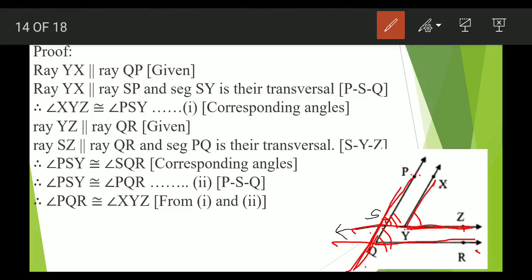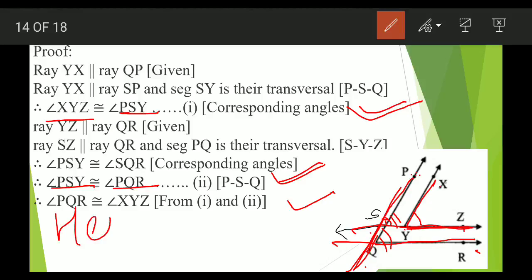From statements 1 and 2, angle XYZ is congruent to angle PQR. Hence proved.